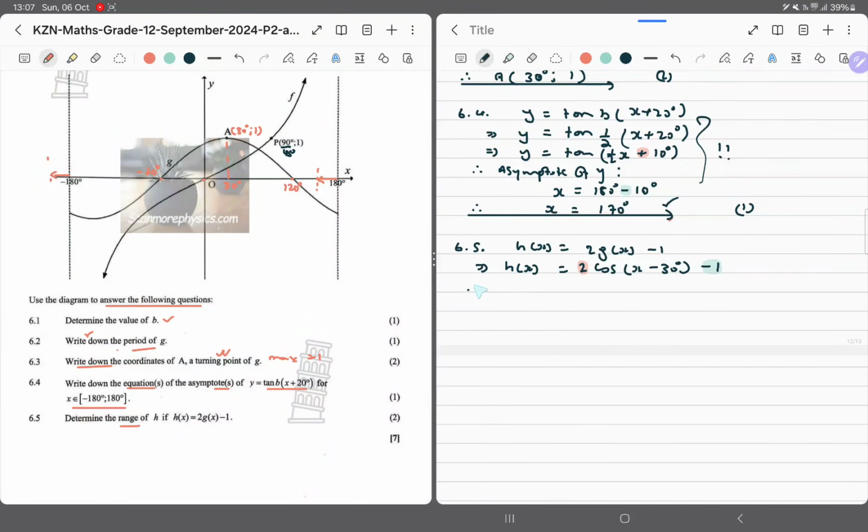So we can say, therefore, the range is equal to a set of y values such that y, now we choose the minimum, is going to be −2 plus 1. Sorry, −2 minus 1.